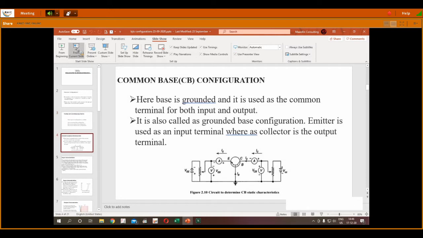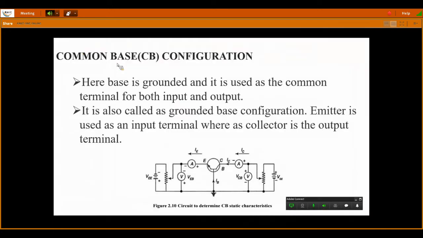So now, in order to find your common base input and output characteristics, this is the circuit of your common base configuration to find your input and output characteristics. Input characteristics and output characteristics are defined with input voltage and input current, and output voltage and output current.